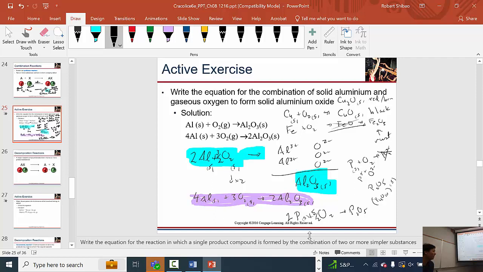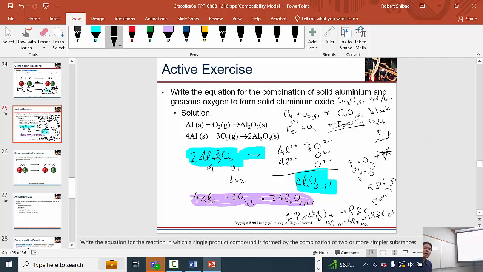And then double everything to get rid of the fraction if you want. So this would be 4 phosphorus solids plus 5 O2s yields 2 P2O5. O2 is a gas. P2O5 you wouldn't necessarily know, but that's a solid.